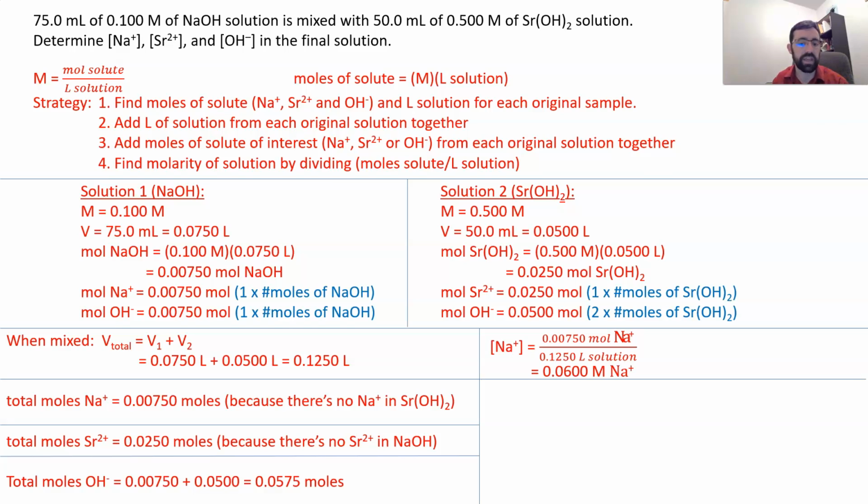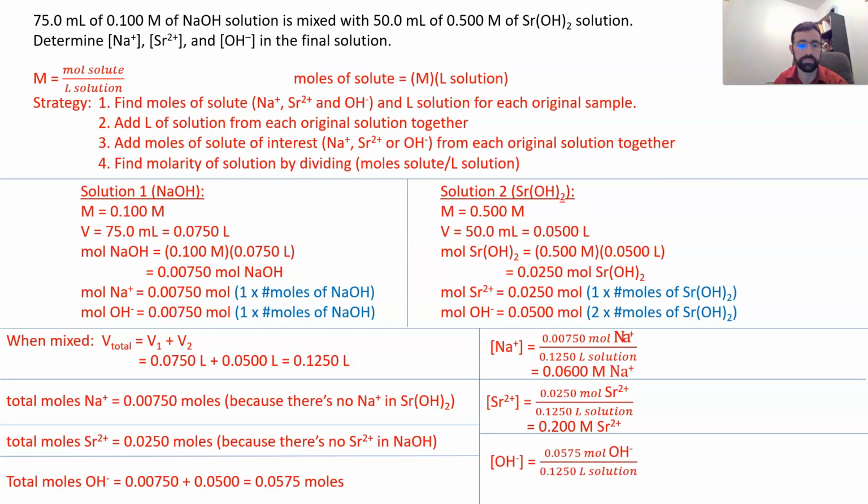Okay, I'm going to do the same thing with strontium now. 0.0250 moles divided by the total volume of the mixture, 0.1250, and I get 0.200 molar strontium ions. And finally, the hydroxide ion concentration is 0.0575 divided by 0.1250, and I get 0.460 molar hydroxide ion solution.